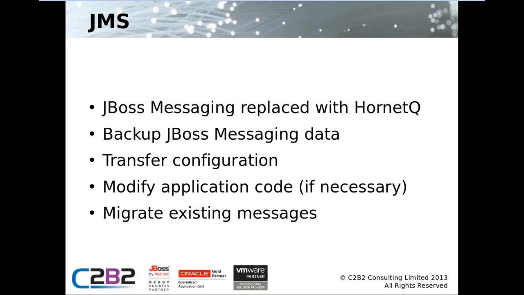This is all stored in a database, so you basically need to back up those particular tables. You need to transfer your existing JBoss messaging config to the EAP6 config files. And you may need to modify your application code as well.